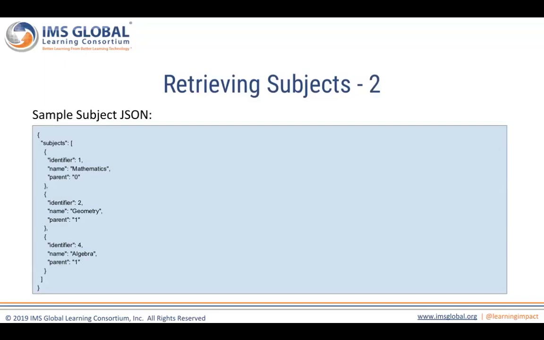Subjects can have a parent-child hierarchy, but the JSON that gets returned to you is a flat list. In this case, this repository supports mathematics, geometry, and algebra, and you can see based on these parent IDs that geometry and algebra are actually children of mathematics.